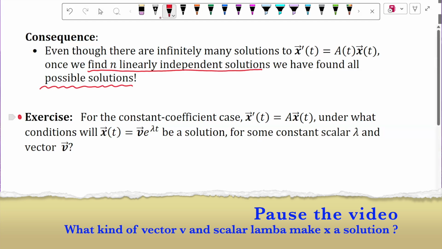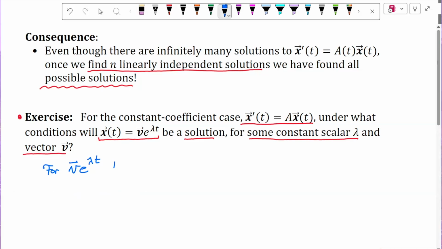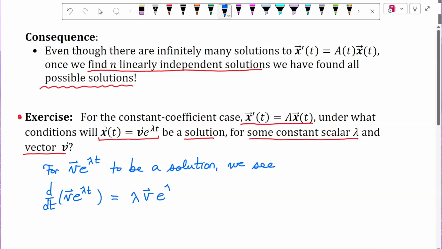For the constant coefficient case, in other words, where matrix A does not depend on time t, under what conditions will a vector of the form v e to the lambda t be a solution for some constant scalar lambda and some vector v? If we want to see what makes v e to the lambda t a solution, let's first take the derivative, which we know needs to be lambda v e to the lambda t.